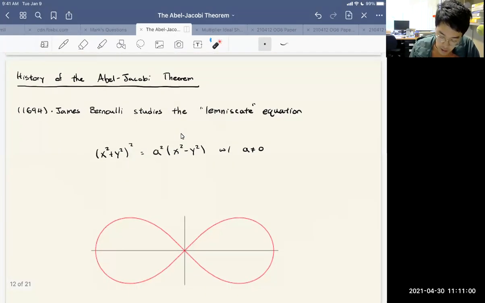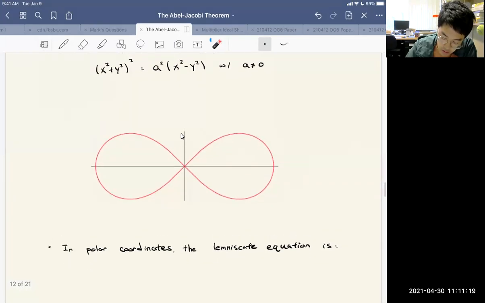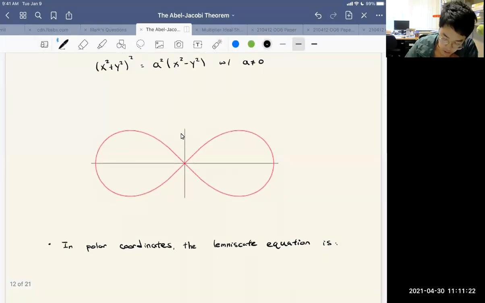Because I can't pronounce it, and the solution set has a really nice picture, I'll just call this the figure 8 equation. We have this nice figure 8 here. He was studying this equation, and in polar coordinates, we can rewrite it as r squared is equal to a squared cosine of 2 theta.